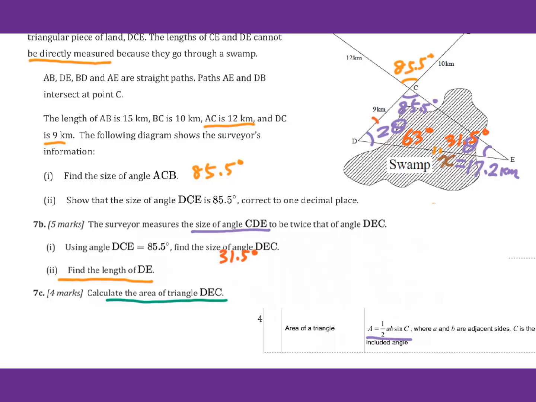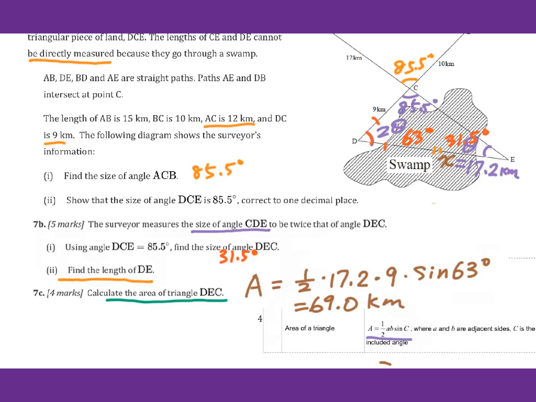So we have these two sides, and then the angle will be sine 63 degrees. Therefore, the area equals 1/2 times 17.2 kilometers times 9 kilometers times sine 63 degrees. We put it into the graphing calculator, you will get 69.0 kilometers squared.